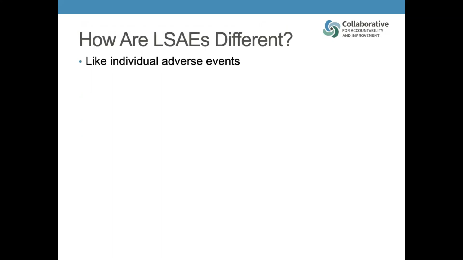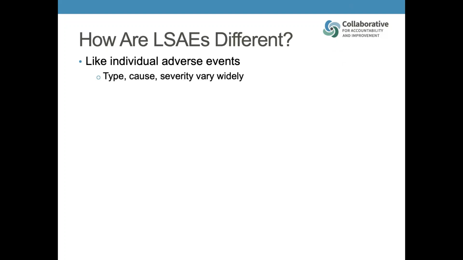So large-scale adverse events are similar to individual adverse events in a couple of ways. The types of these events, their causes, and their severity can really vary widely. And we're going to have a chance to talk about some of that variation today.